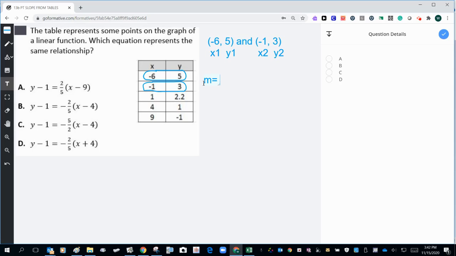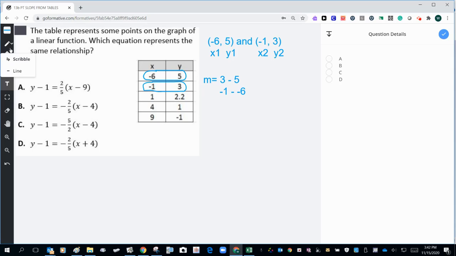So m equals y2 is 3 minus y1 is 5. Press enter. Then on the bottom, I'm going to use x2, so -1, minus x1, which is -6.